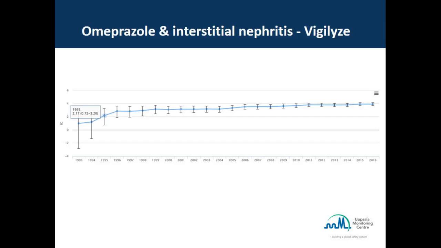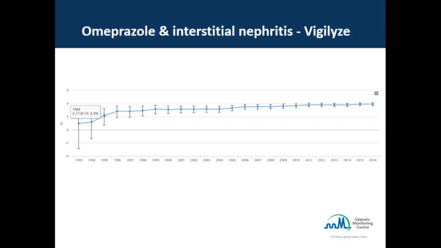And so if we look at this pictorially, what you see is that you start at this end and you have some reports, and the IC value, which shows it's statistically prominent, is above 0, but it has a wide credibility interval, which is like a confidence interval, and that's below 0.